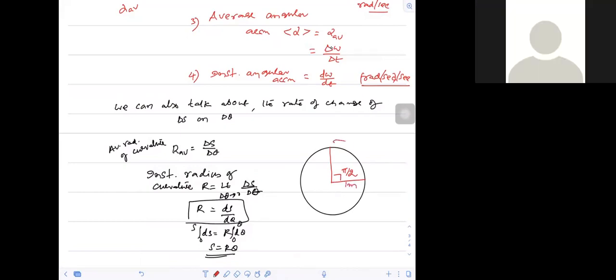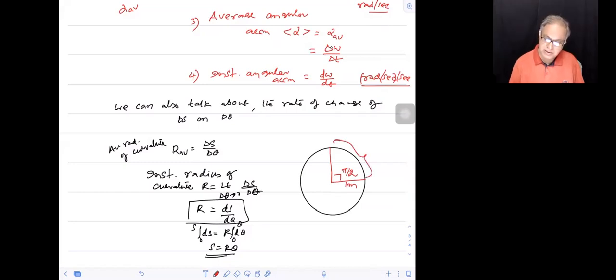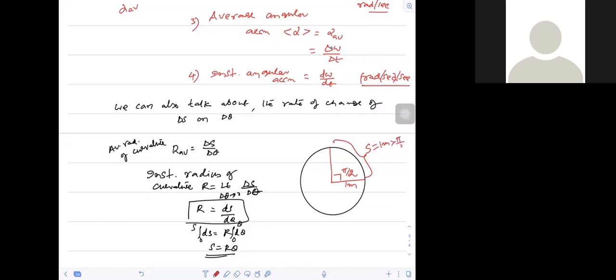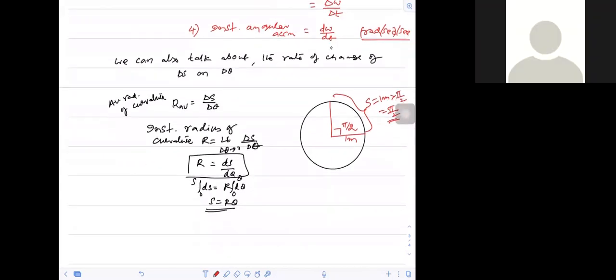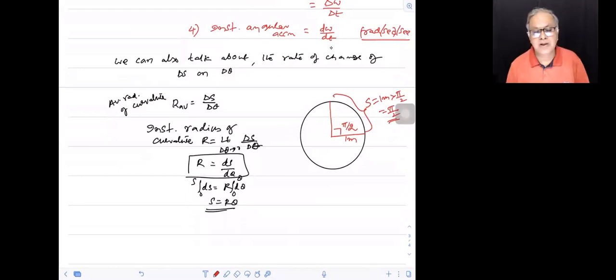So this arc length will be S equals R, 1 meter, into theta in radians. So pi by 2 meters, isn't it? So that's what it means to say S equals R theta. When a particle moves in a circular path, there are linear quantities and angular quantities. So once you define them, you should be able to connect them also, right?